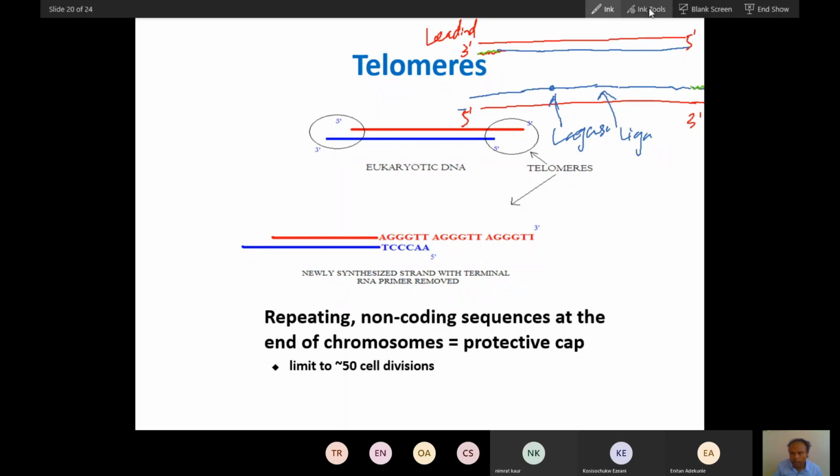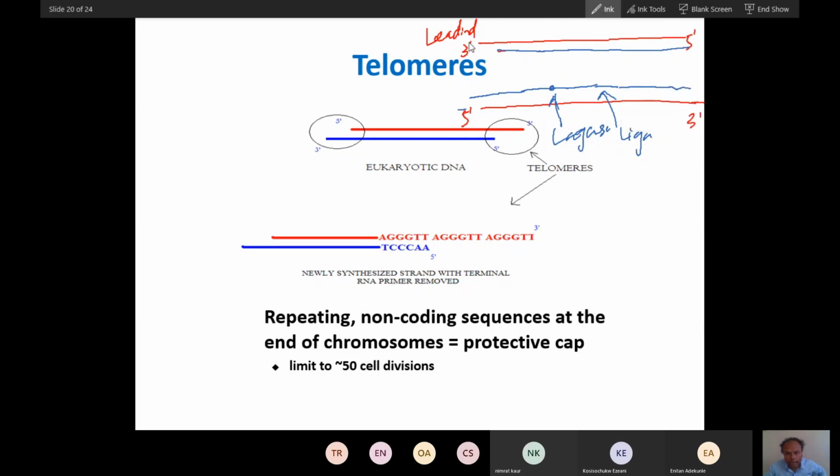The primer will be removed from here, and from here also, and this primer will be removed after DNA synthesis completes. But because there is no such DNA available for this, there will be a gap here. You will at least remember there will be a gap at the end.